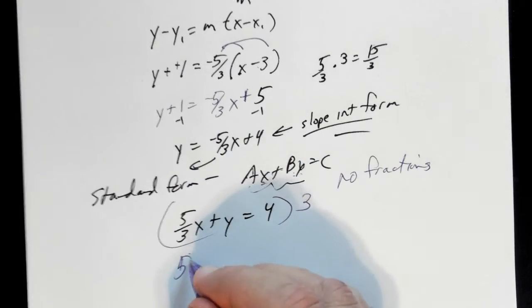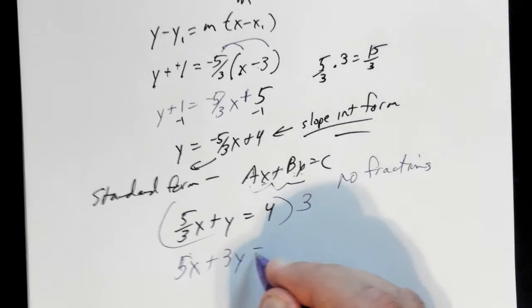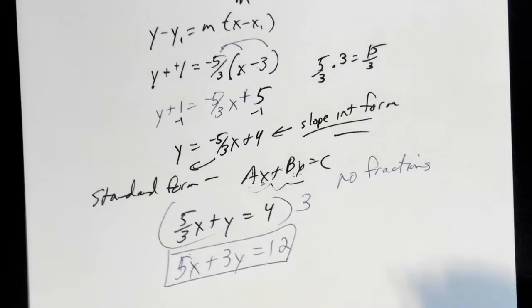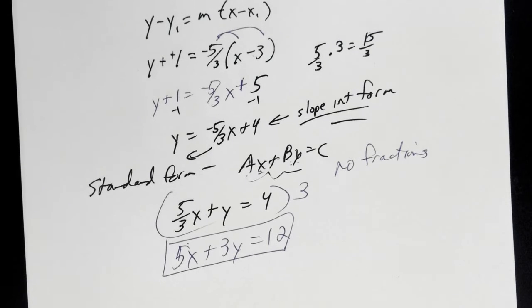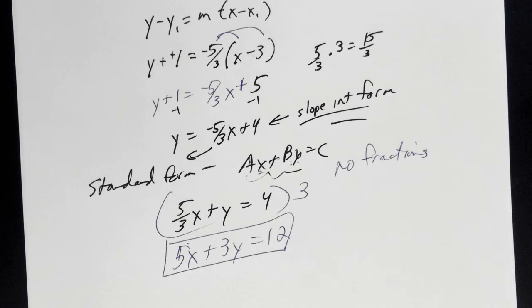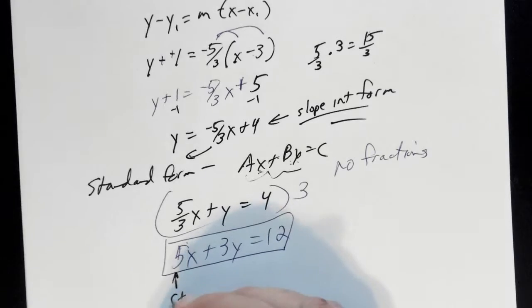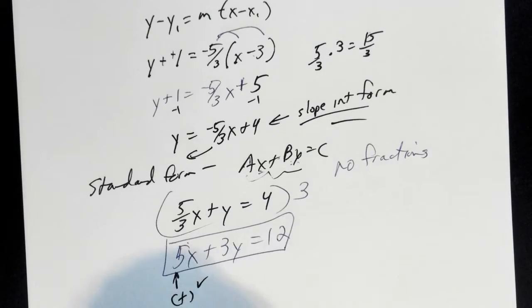We're going to get 5x plus 3y is equal to 12, and that is standard form. So we have both forms, standard form and slope-intercept form, depending on what the question asks you for. Remember, no fractions, and then this also has to be positive, which it is, so we're good to go.